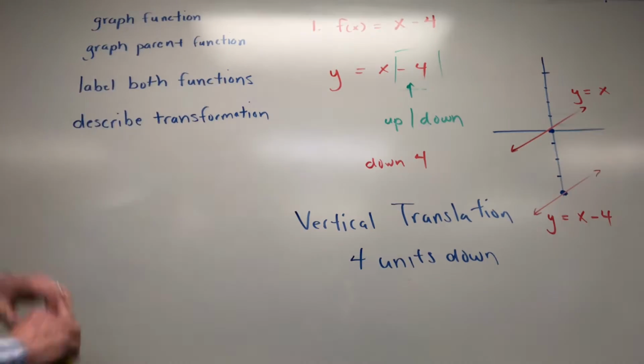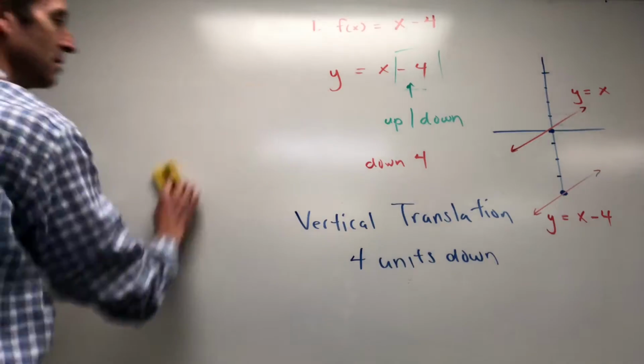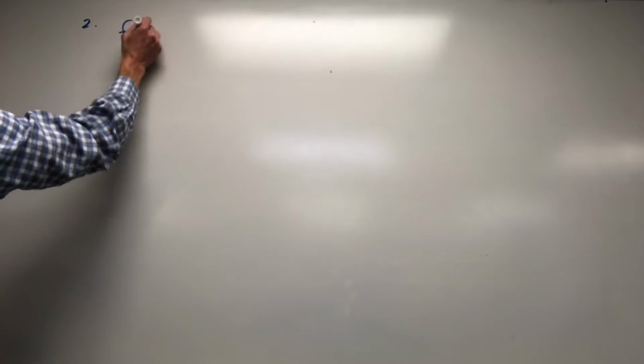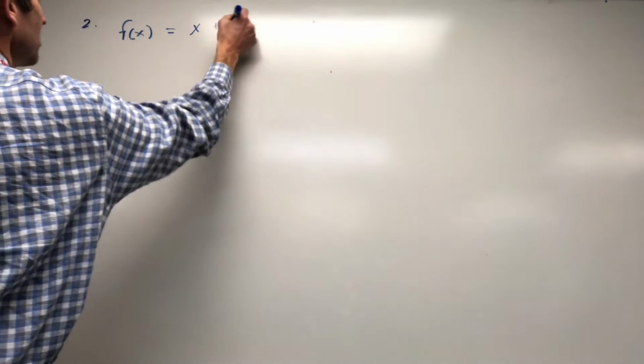All right, let's do some of these. Okay, number 2. F of x. Let's go up. How about x plus 5?